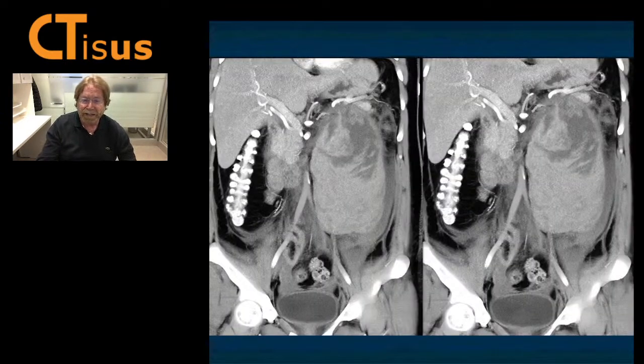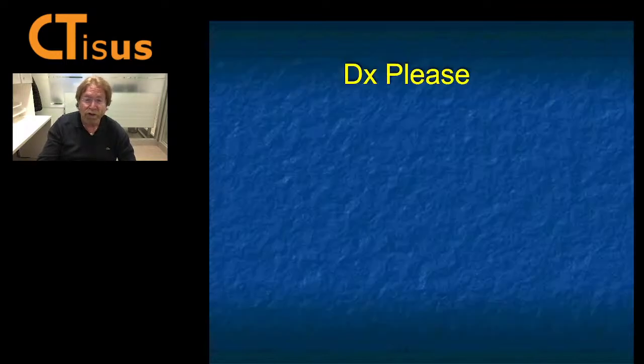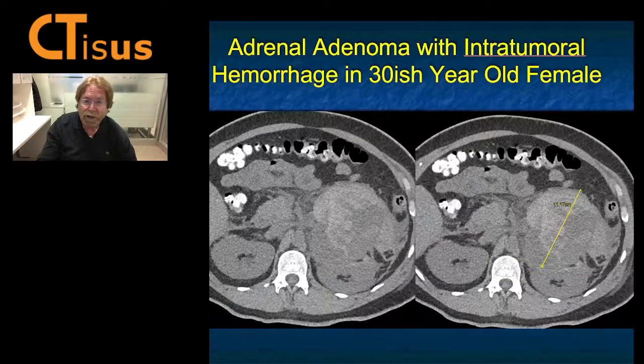Look at the extent of the bleed. That's really impressive. I would have thought maybe a metastasis or a primary tumor. This patient did go to surgery because of the bleed, and there was a mass found, but it was an adrenal adenoma with intratumoral hemorrhage. That is a wonderful case. That's the largest bleed I've seen from an adenoma, but it's important to recognize that adenomas can indeed bleed. A really, really good example.